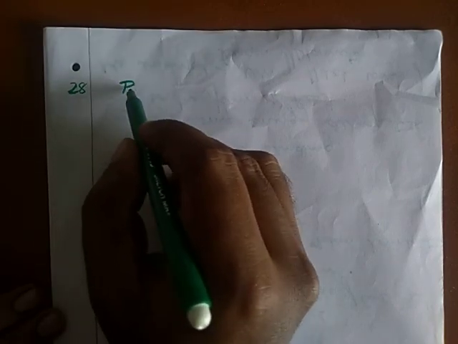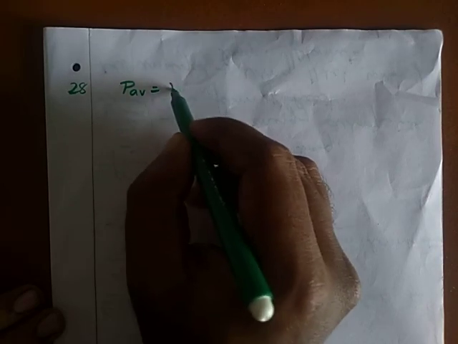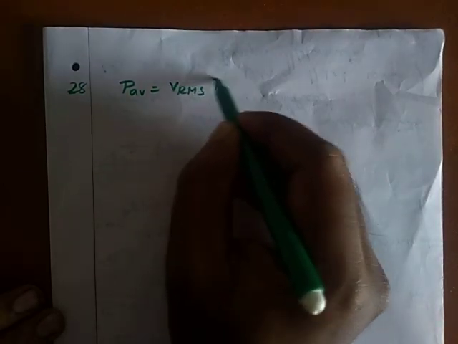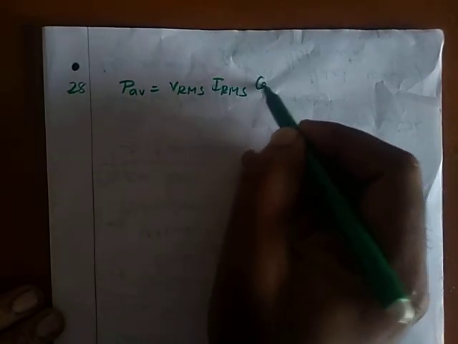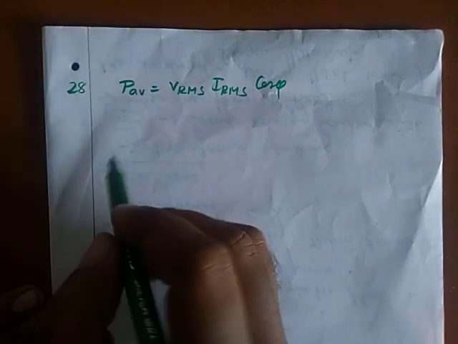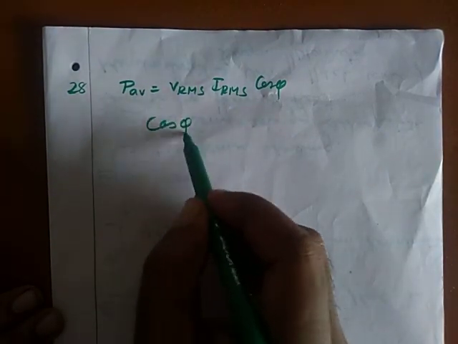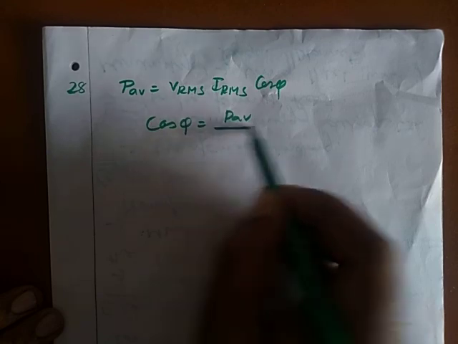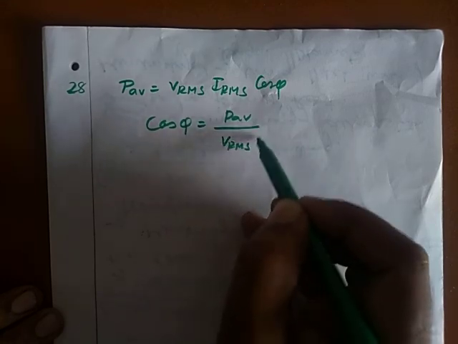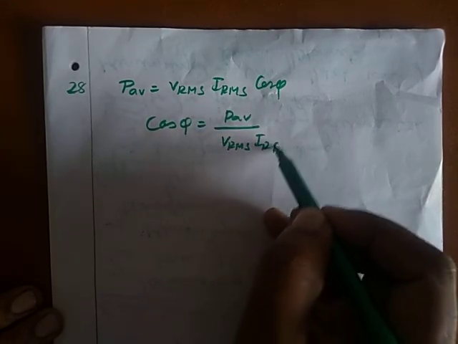By using the average power formula we can easily construct the formula for power factor. We know the true power, P average is equal to V RMS I RMS cos phi. Here cos phi is the power factor, so cos phi can be written as P average by V RMS I RMS.